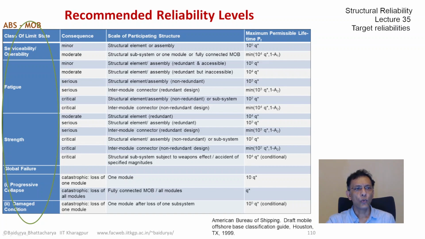Now, with each of these was matched a set of consequences that you see in the next column. So we see about 5 consequences: minor, moderate, serious, critical, and catastrophic.